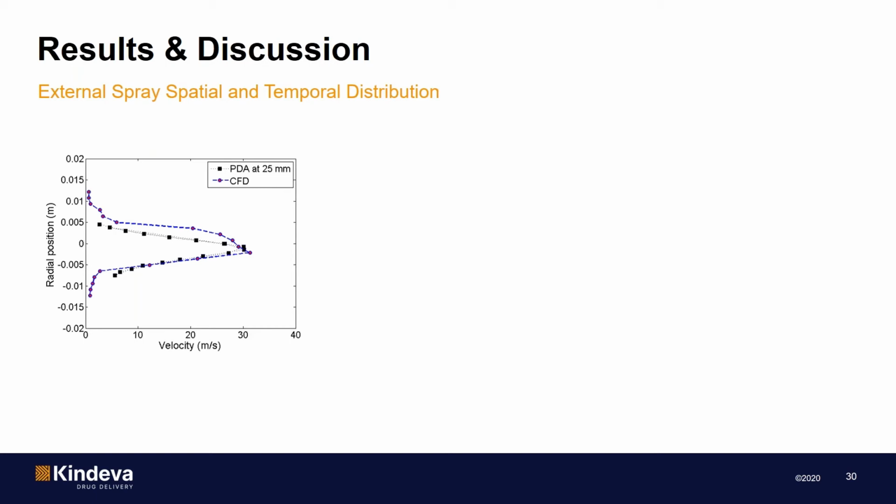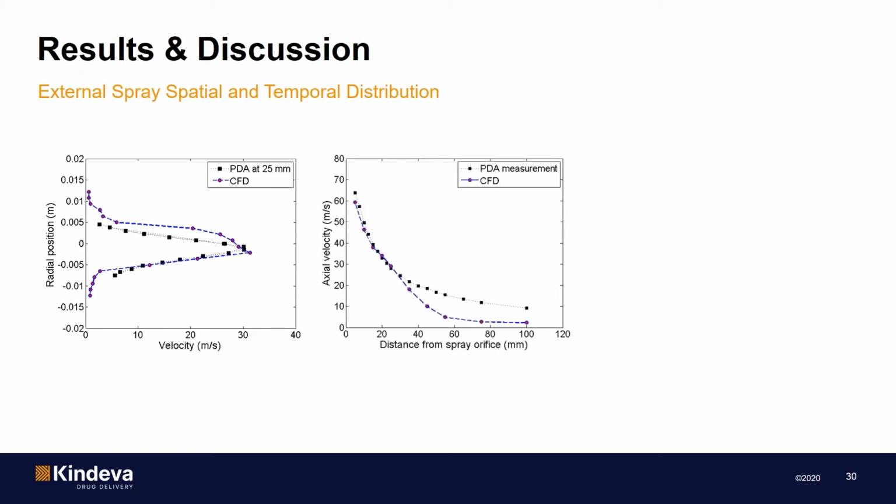As you can see, a velocity magnitude of around 30 meters per second exists around the center line of the spray. The next figure shows the spray center line velocity as a function of axial distance. Again, our CFD prediction closely follows the measured data up to 35 millimeters.